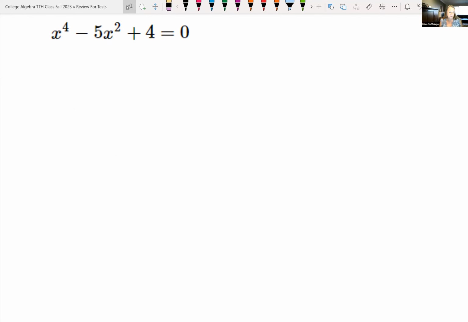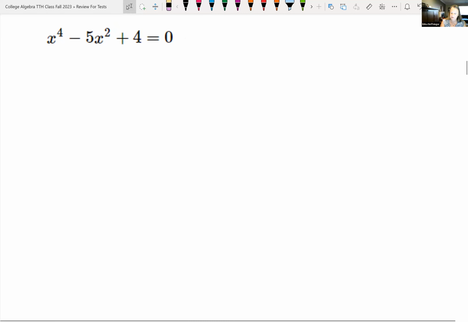The next problem in front of us, x to the fourth minus 5x squared plus 4 is equal to 0. So I'm looking at this and I notice that I can manipulate this to be a quadratic equation. And so we did this with some problems when we were solving equations. If we choose some variable, I'm going to choose u, let u equal x squared.